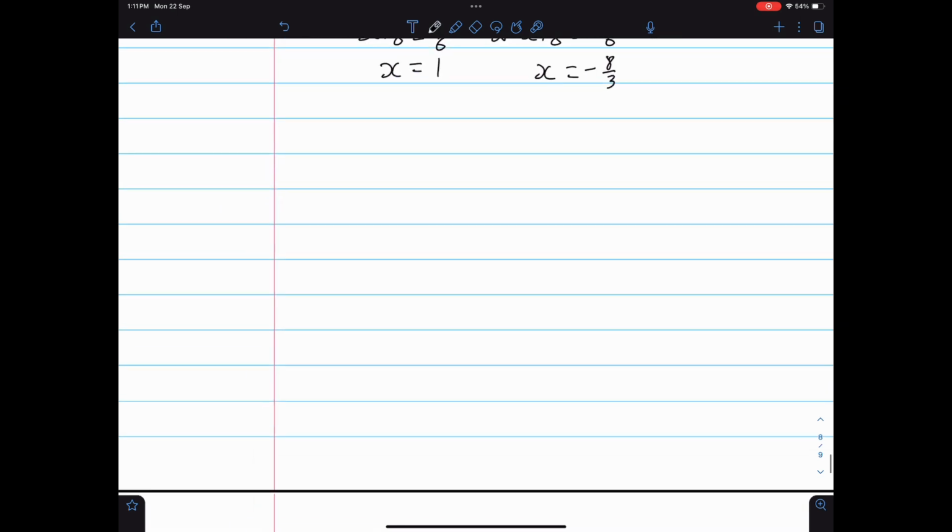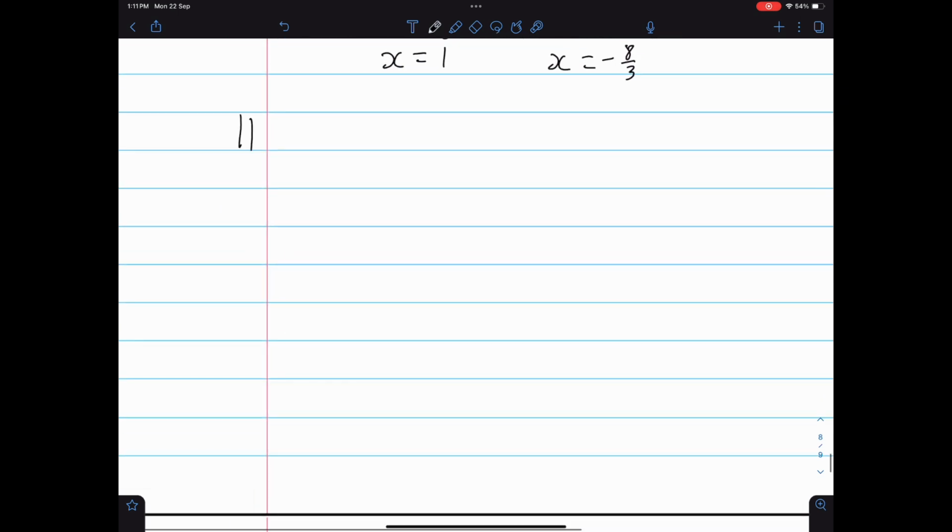Now, question 11, the last question in this exercise. We've got the path of a projectile given by the equation y equals root 3 x minus 49x squared over 9,000, and x and y are measured in meters.